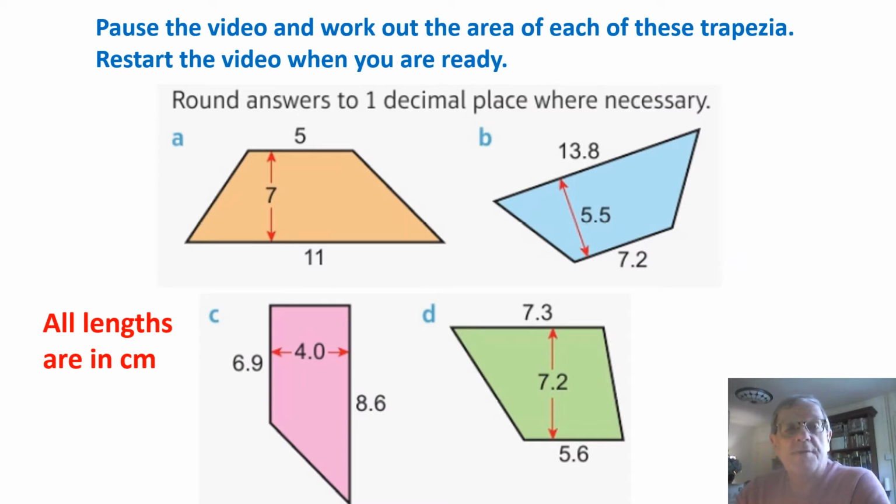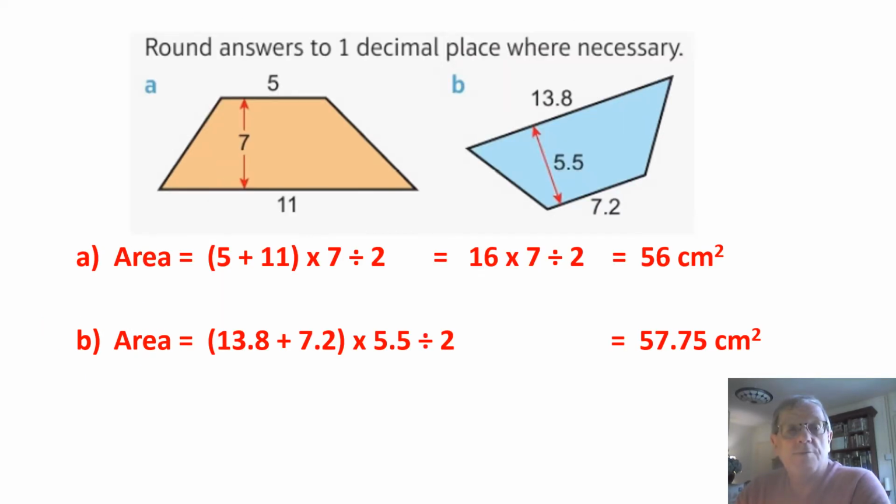Okay, pause the video and work out the area of each of these trapezia. Restart it when you are ready. So, rounding the answers to one decimal place where necessary.